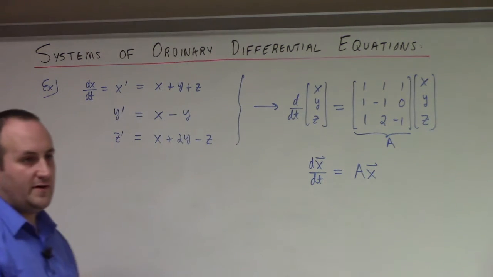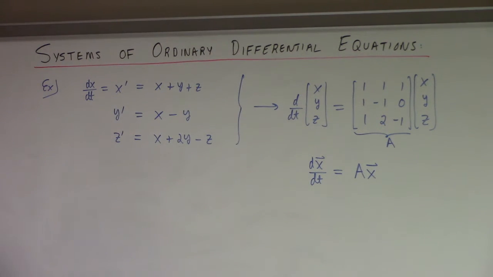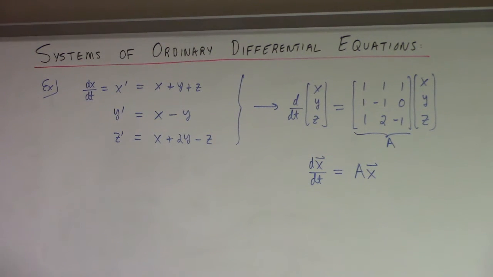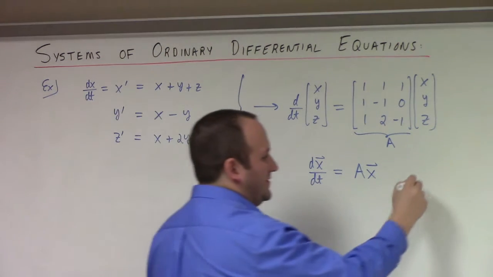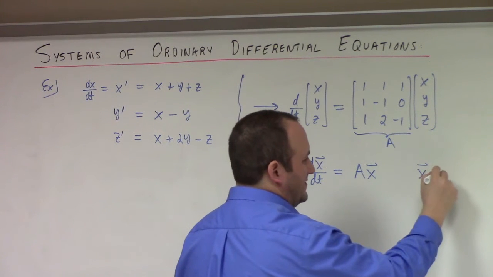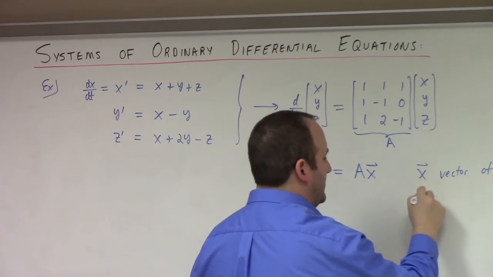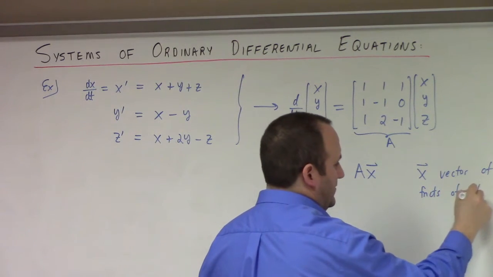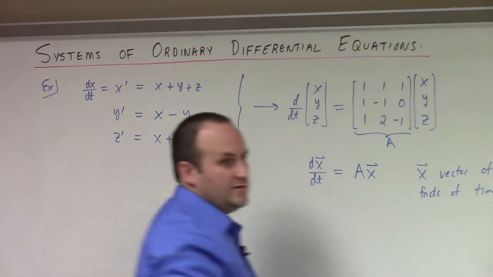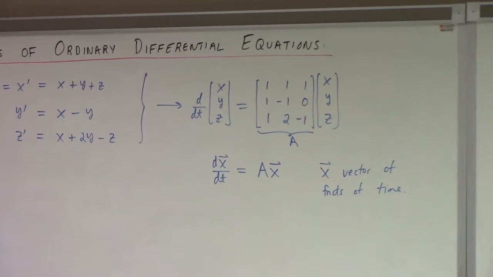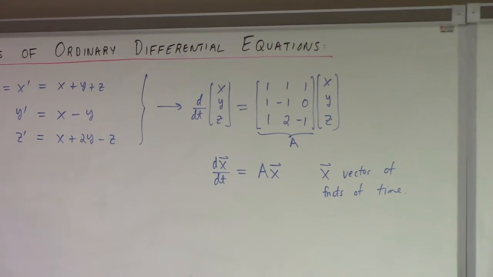And here x is not like the x we thought about before. It's a particular vector in Rn we're looking for, right? But you notice that now this x is actually a vector of functions of time. So that's the kind of solution we're looking for now, not just a tuple, but a tuple of functions.